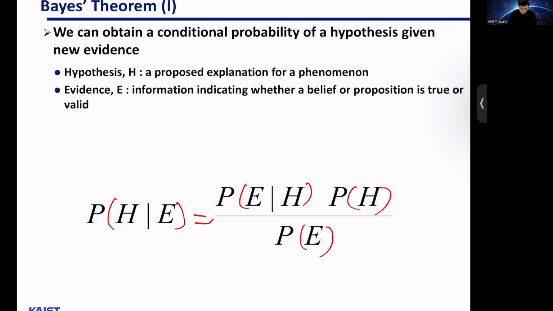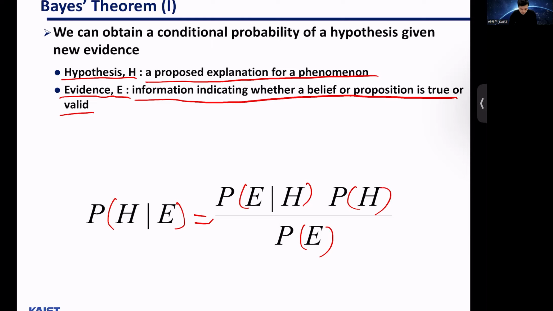Just different notation, where H is hypothesis, a proposed explanation for a phenomenon, and E is evidence, information indicating whether a belief or proposition is true or valid.